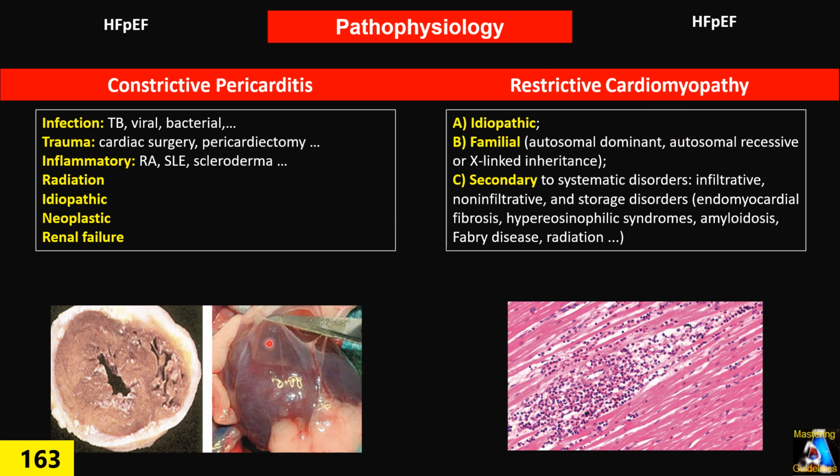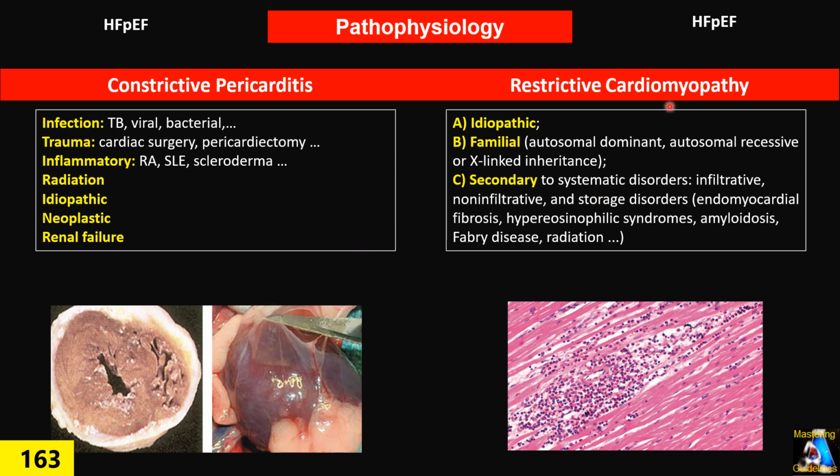The most important feature of constrictive pericarditis is that the pericardium, instead of being thin and highly compliant, usually becomes thick and stiff, so the compliance of the pericardium decreases, and it doesn't let the ventricles and atria expand easily and normally. So we have diastolic dysfunction in this situation too.